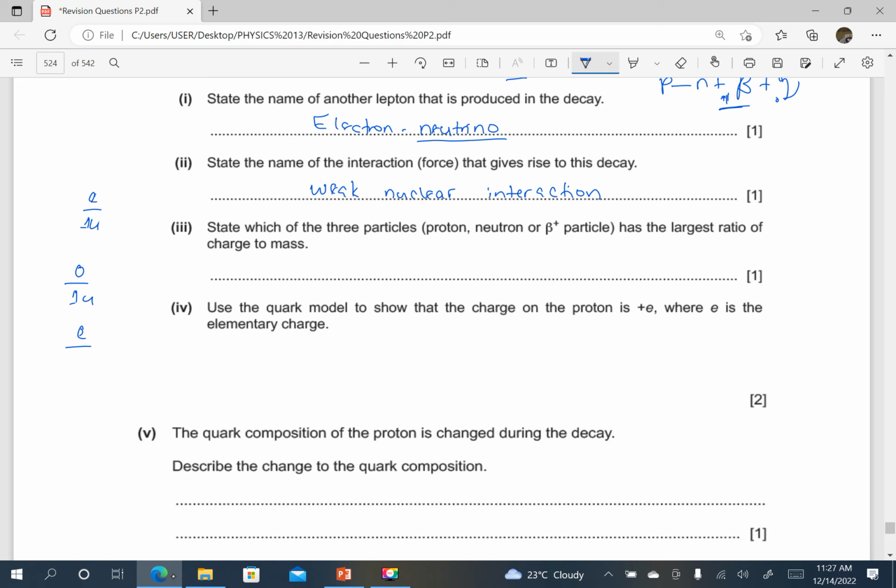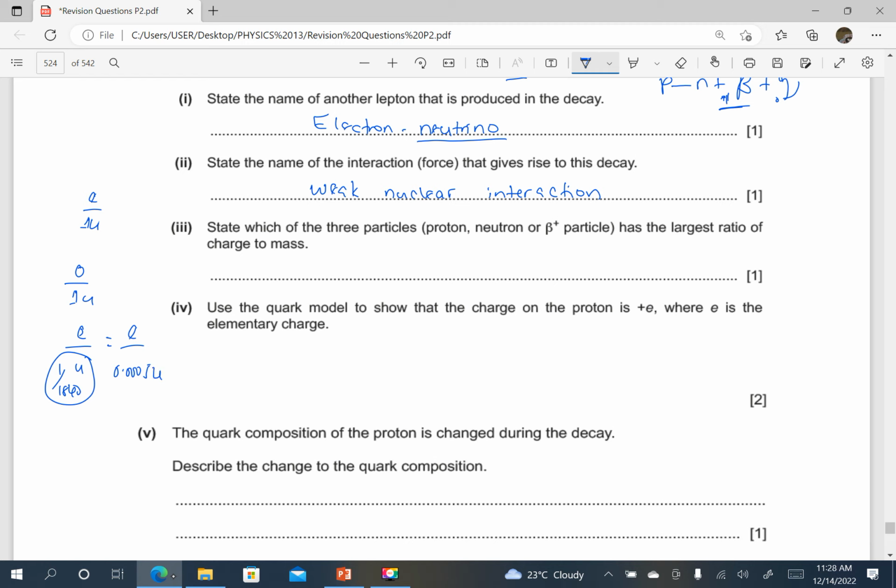It is around 1/1840 u. This is a very small value, or it is around 0.0005, I think. You can check 1 divided by 1840. Or you can use 9.11 times 10 to the power negative 31 kilograms.